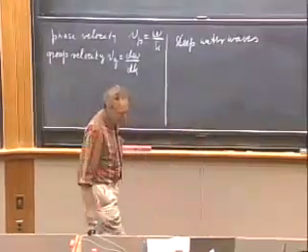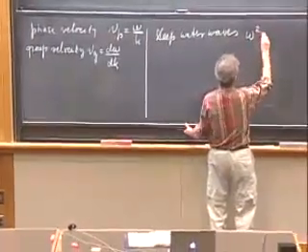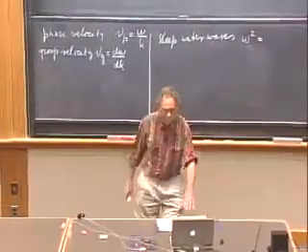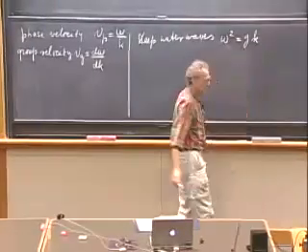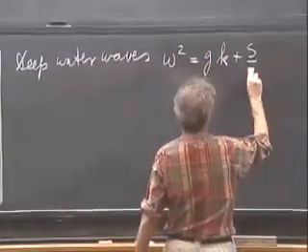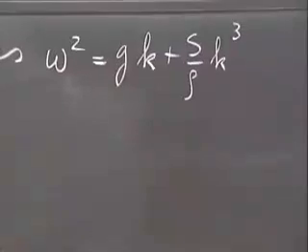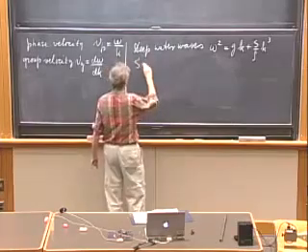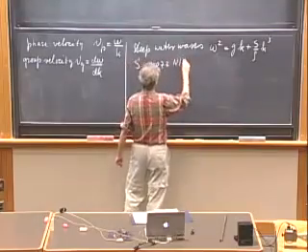It's very dispersive. The dispersion relation, which I will not derive, I didn't derive it either for the string, is omega squared equals gk, where g is the gravitational acceleration, plus S divided by rho times k to the power 3, and S is the surface tension, which for water is about 0.072 newtons per meter.